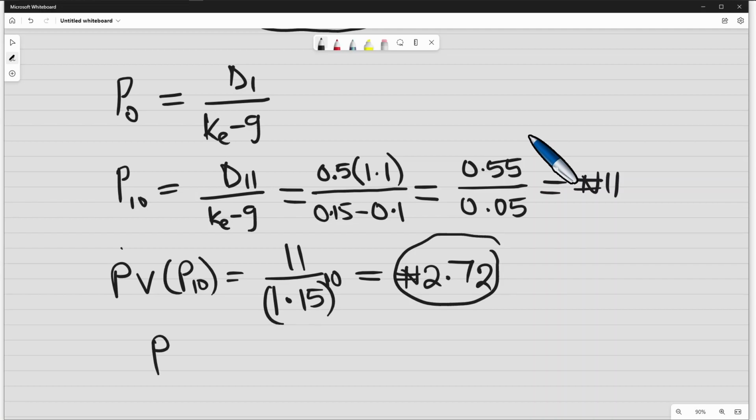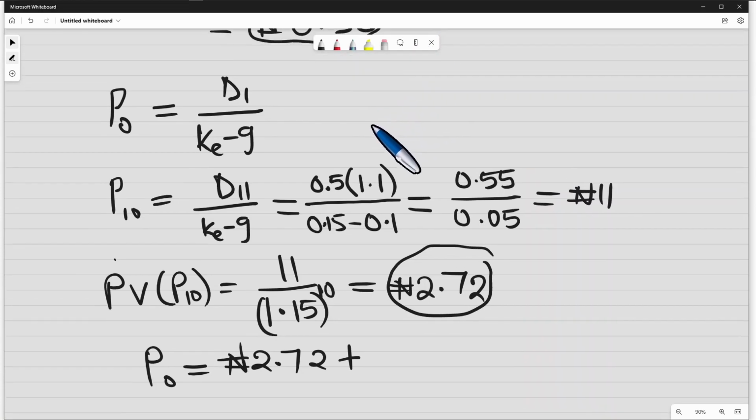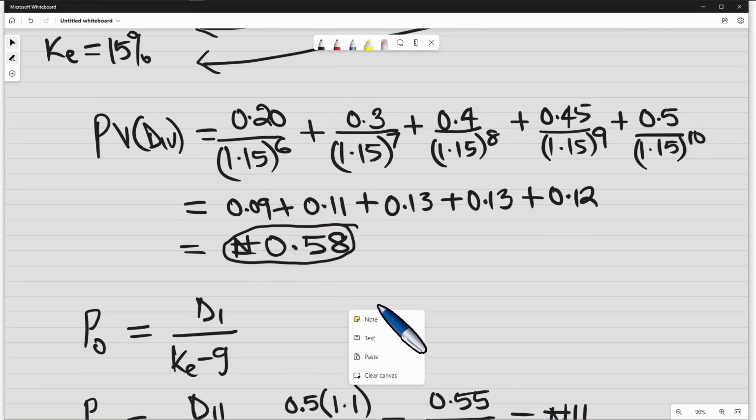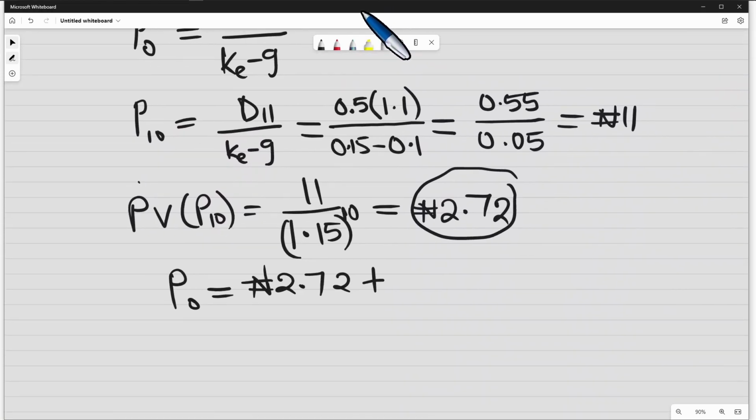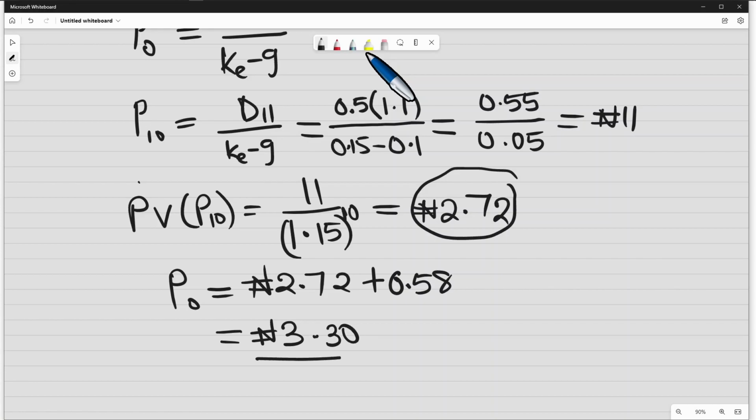So the intrinsic value is now this value, 2 naira 72 kobo, plus the value we got earlier, which is 58 kobo, 0.58. So if we add it, we have 3 naira 30 kobo. So this is the value of the stock.